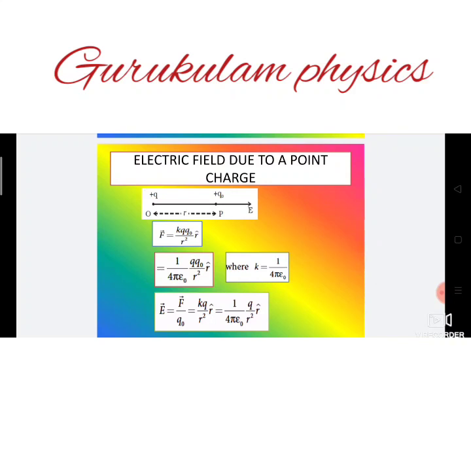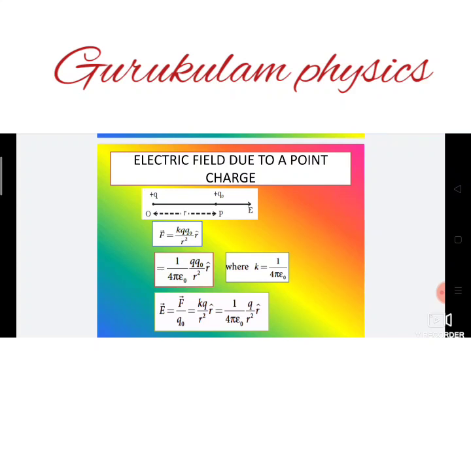Here there are two charges. Due to the force of repulsion, we experience a force according to Coulomb's law. The force between the two charges is directly proportional to the product of the two charges and inversely proportional to the square of the distance between them. F is directly proportional to q q naught divided by r square into r cap.